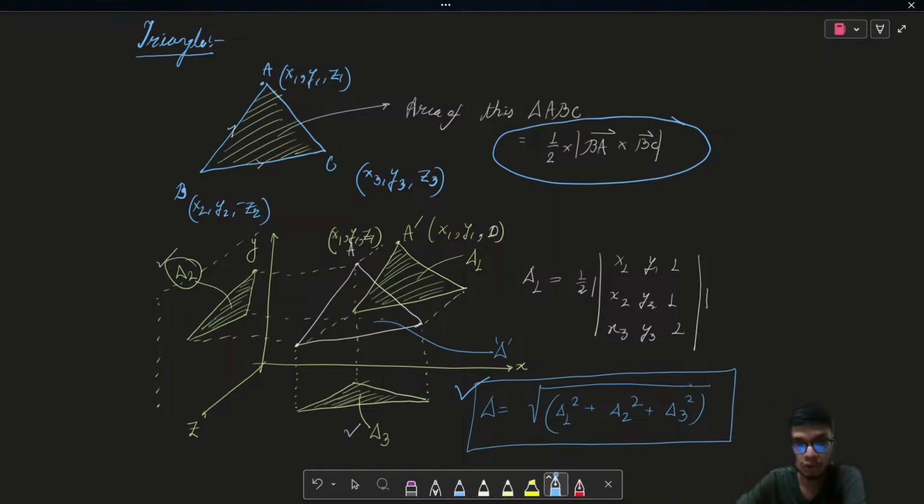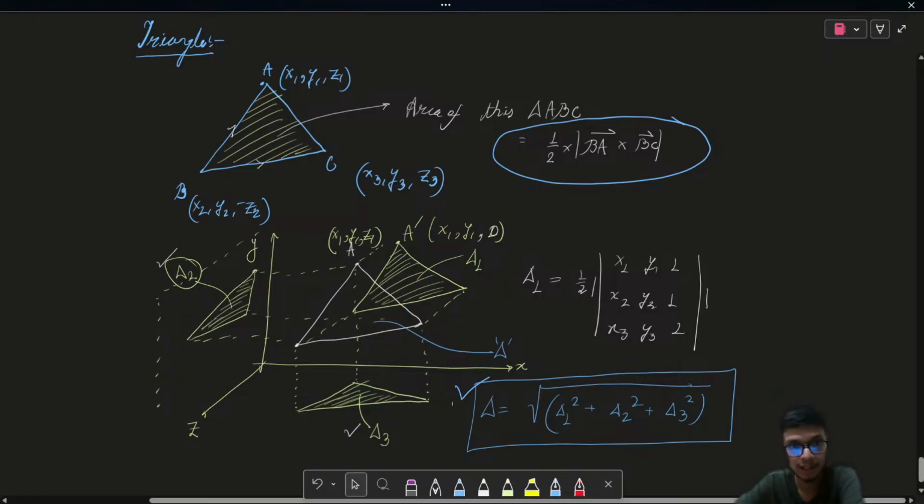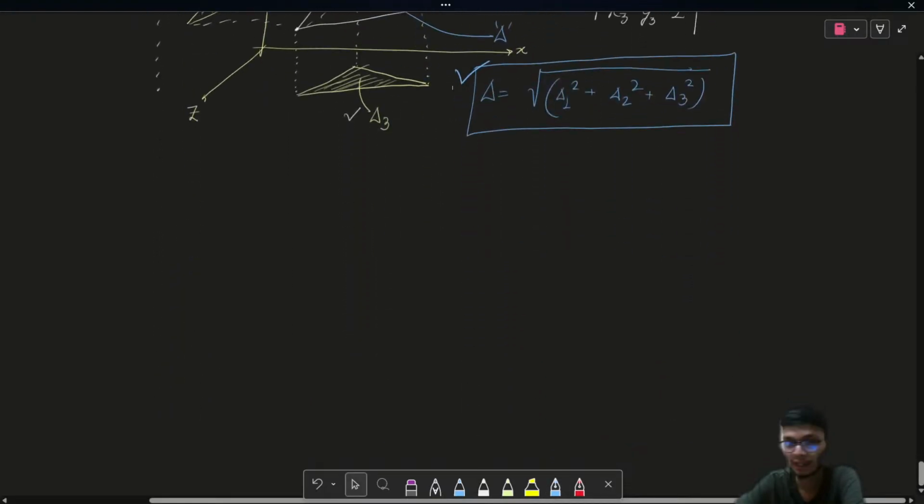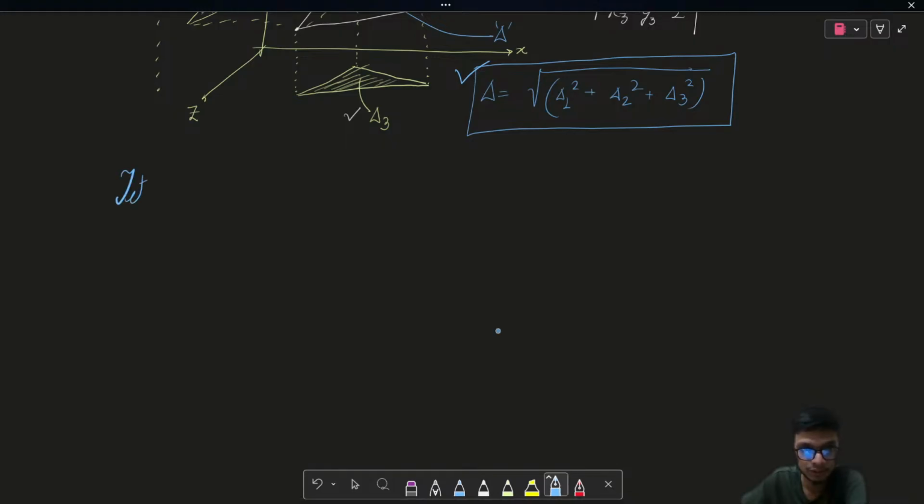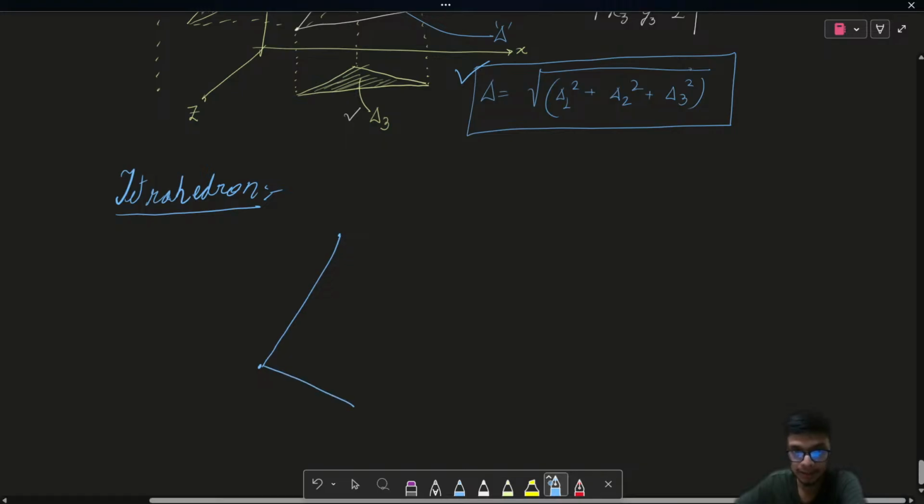Alright. Along with this result, I also want to discuss another result related to the tetrahedron. We have already seen that the tetrahedron is a 3D figure, right?